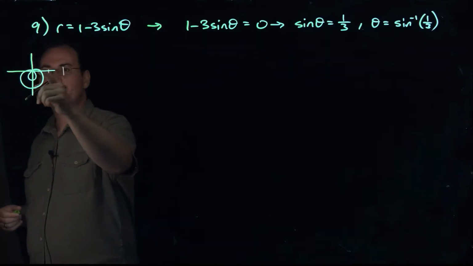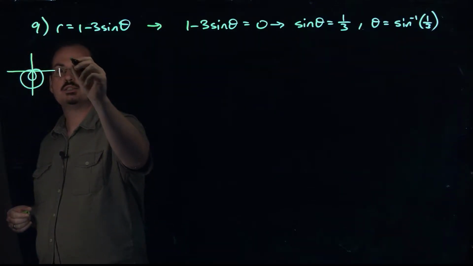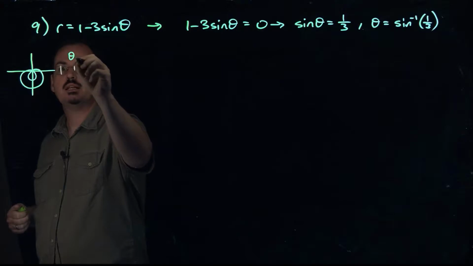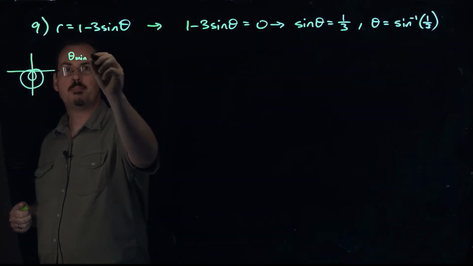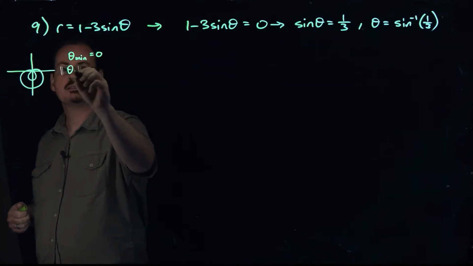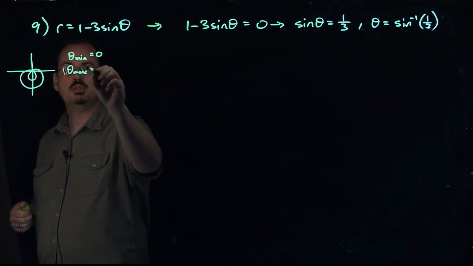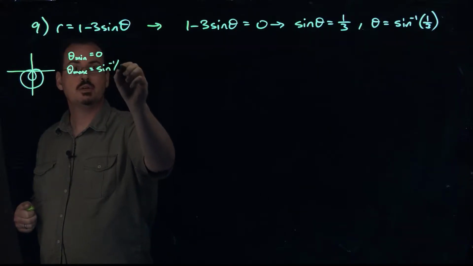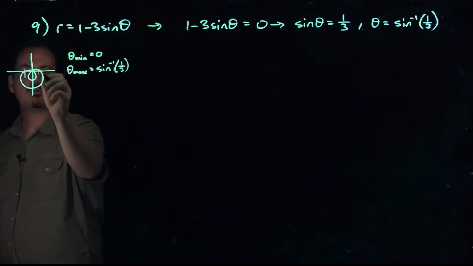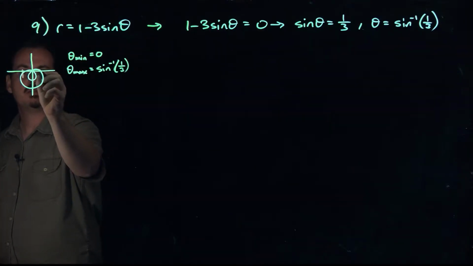So from here, graph on your calculator, set theta min to be 0 and theta max to be that inverse sine of 1/3. What you'll notice is that what we're actually looking at is that piece right there. If you start here, that's theta equals 0, and the end here, that's theta equals inverse sine 1/3.